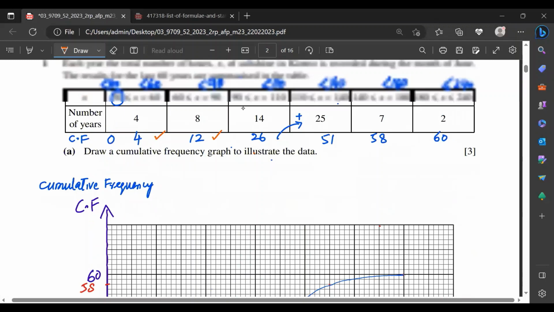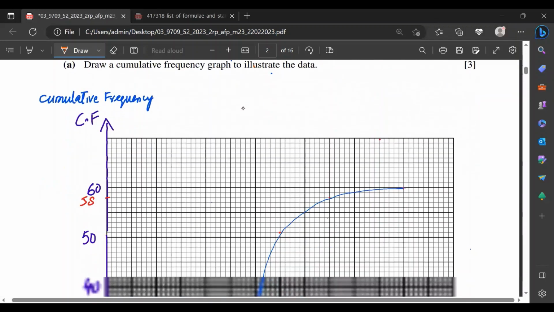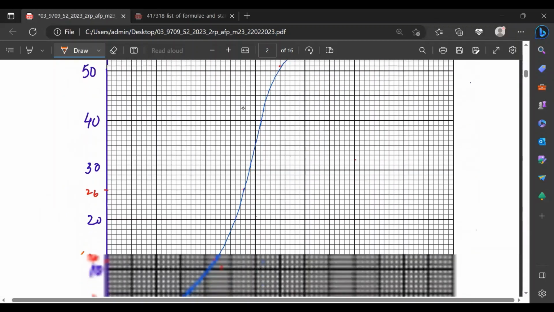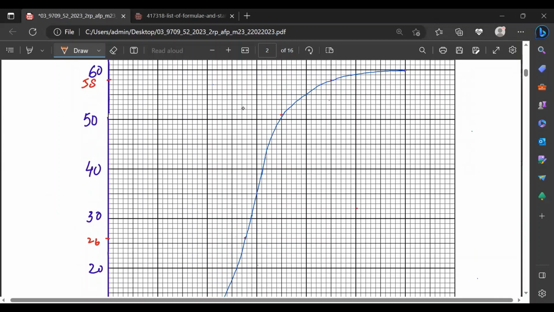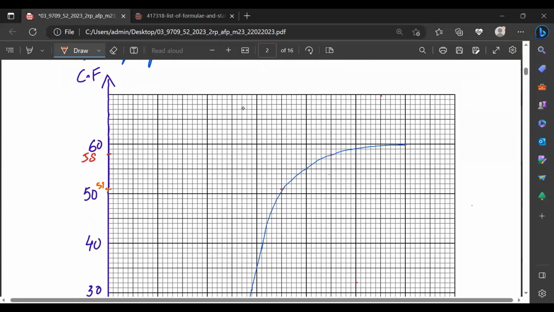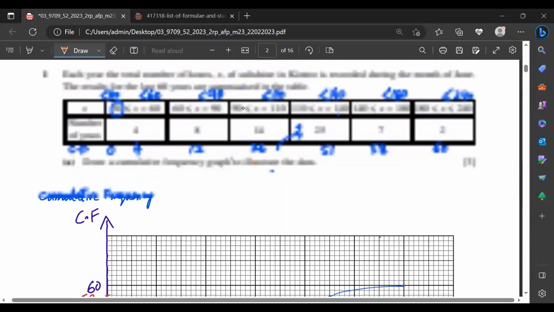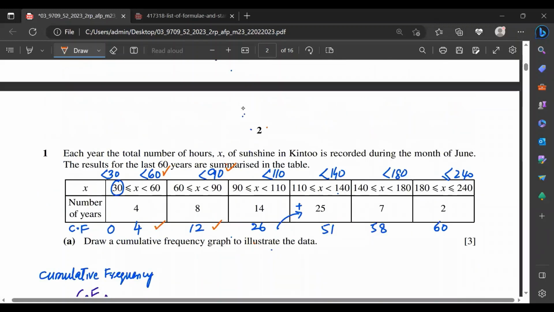For 140, it is 51. In this way, you can plot the points, the cumulative frequency against the upper class boundary. I'm plotting 51 against 140, 58 against 180, and for 240, it is 60.